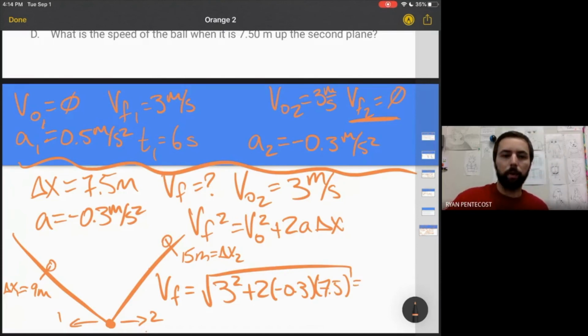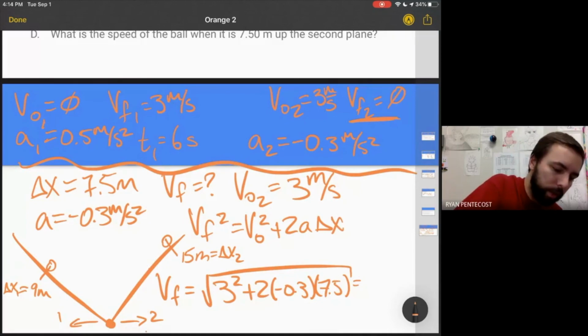And if we put that in our calculator, because that is too much in a square root for me to do, we've got 9 minus 2 times 0.3 times 7.5. I got 2.12 meters per second.